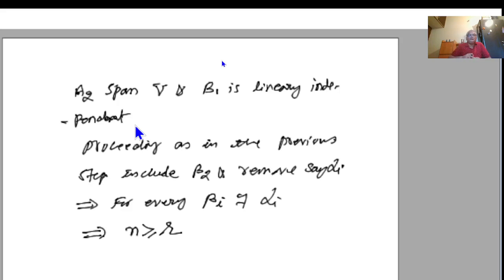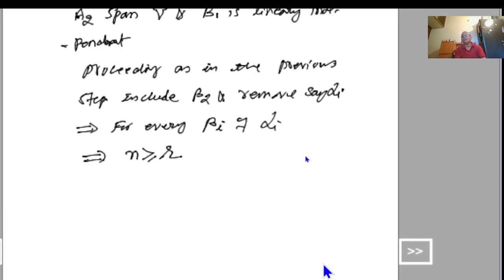So for every beta there is an alpha. That means the set A originally consisted of at least R elements. This shows that n is greater than or equal to R. This is the proof.